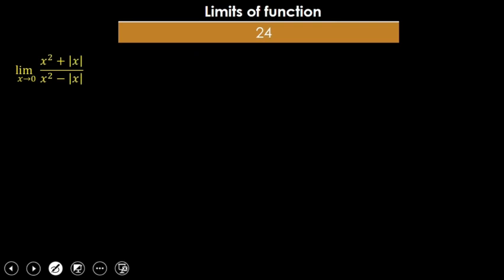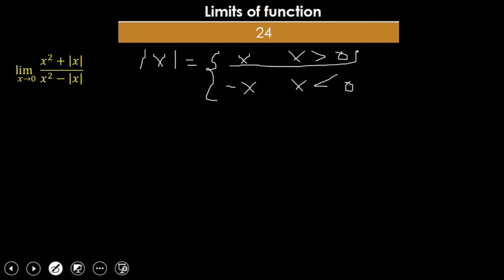Then move to question number 24. You know that the magnitude of x is equal to x when x is greater than 0 and minus x when x is less than 0. Here we notice that x is increasing, moving to 0 plus, so we take this part of it.